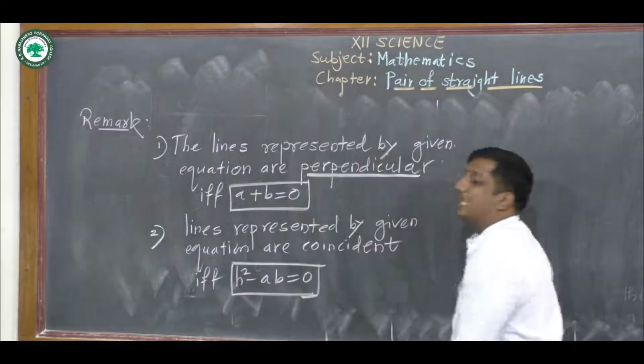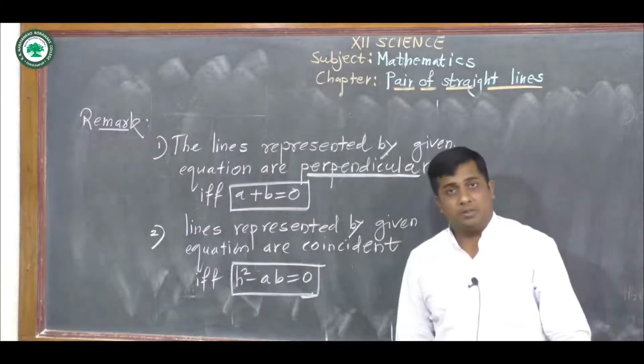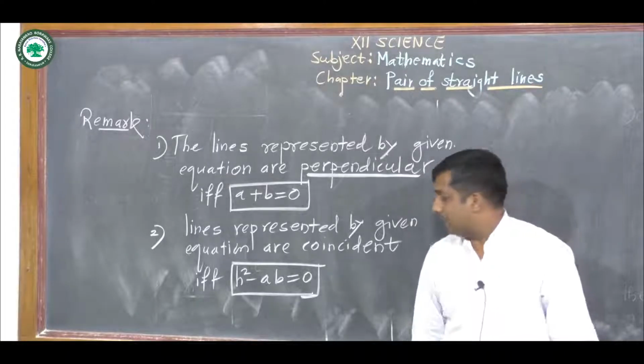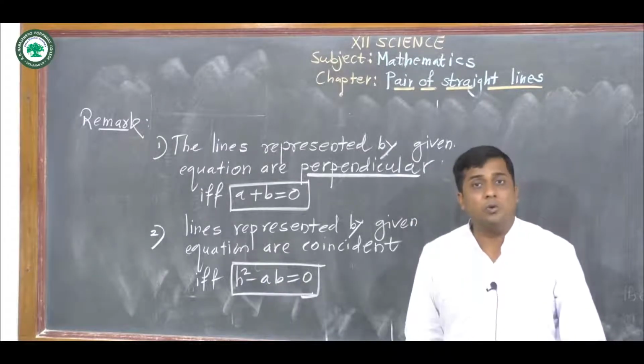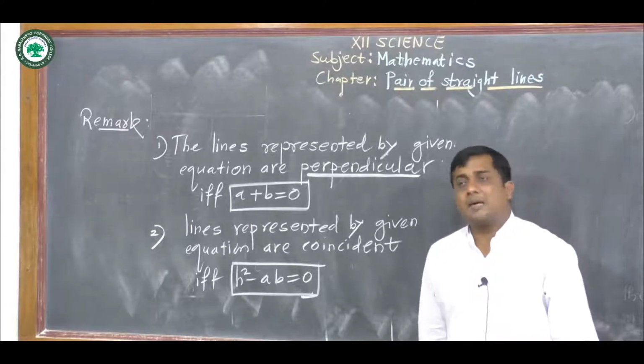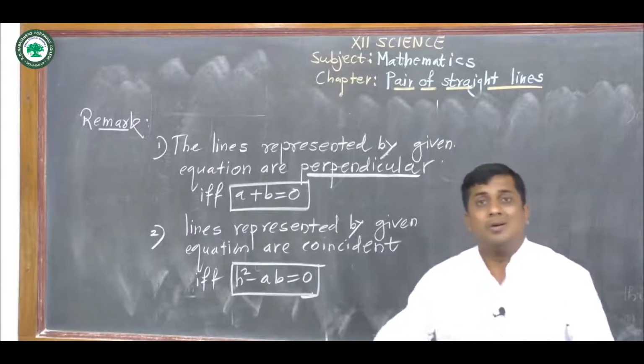So this is the condition for coincident lines. If two lines are coincident, then h square minus ab is equal to 0. Let us see some examples related with these two remarks.